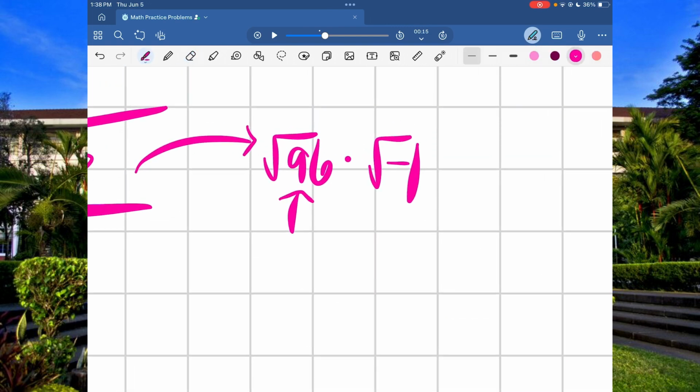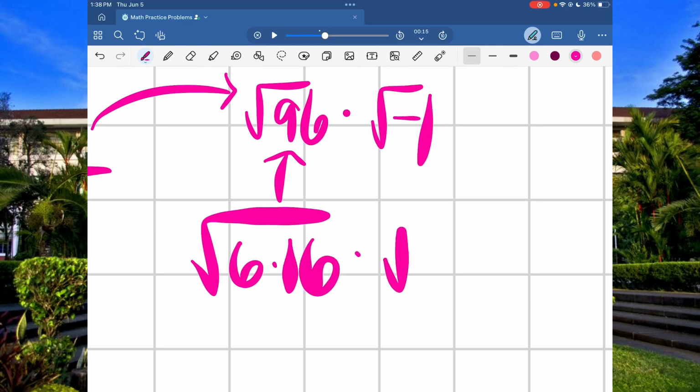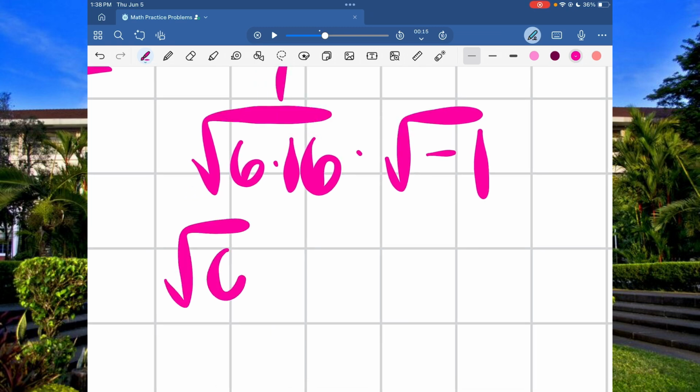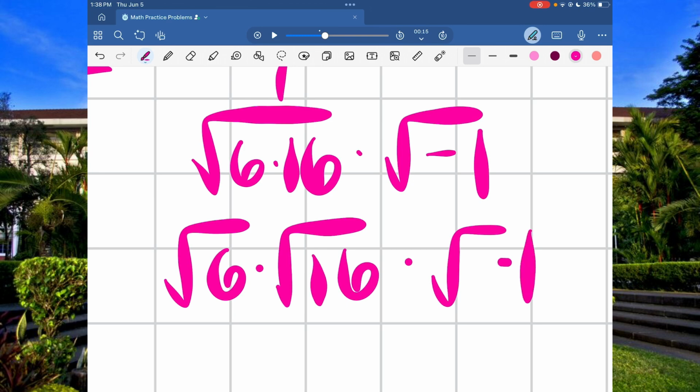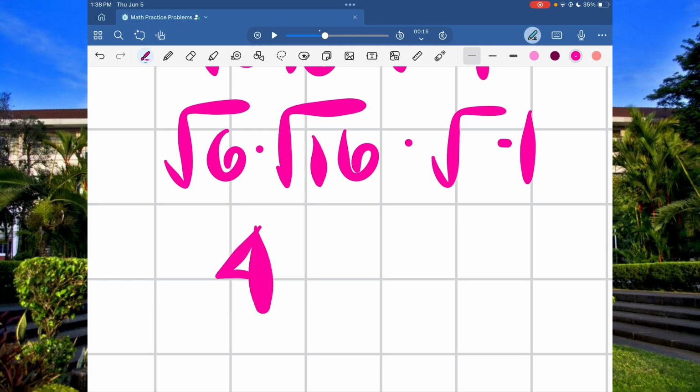So what you're going to do is factor out 96. So the square root of 96 is equal to the square root of 6 times 16 times the square root of negative 1. The square root of 16 is 4, so this will be 4.